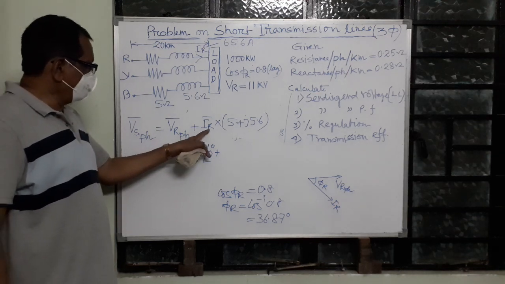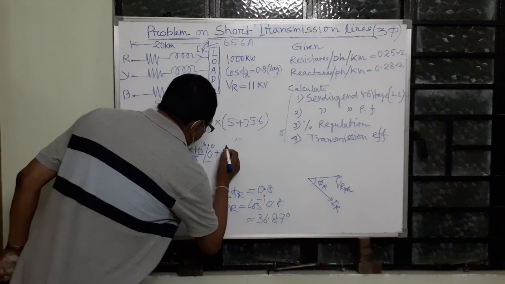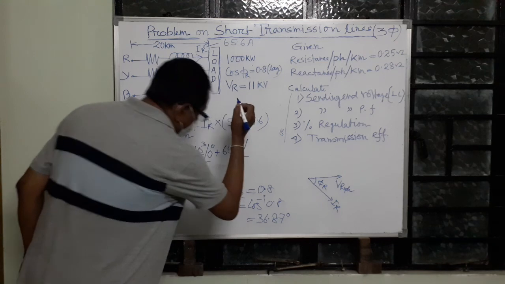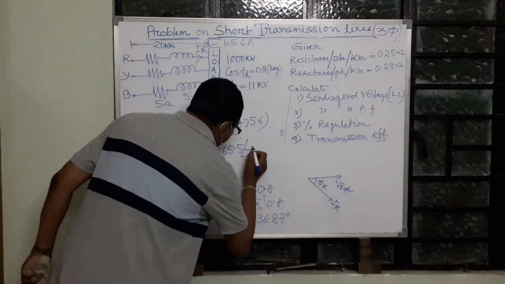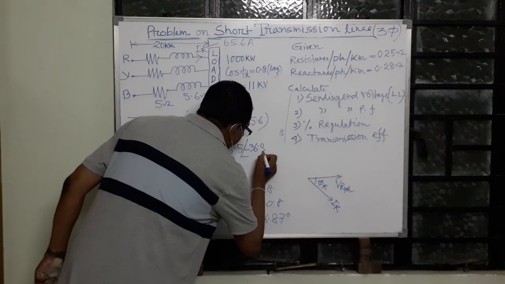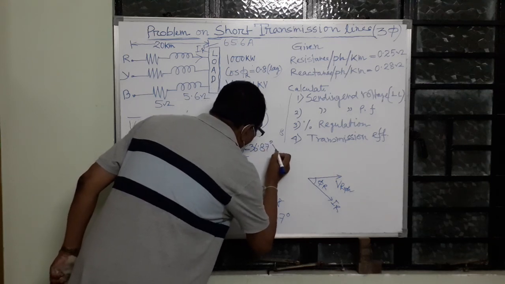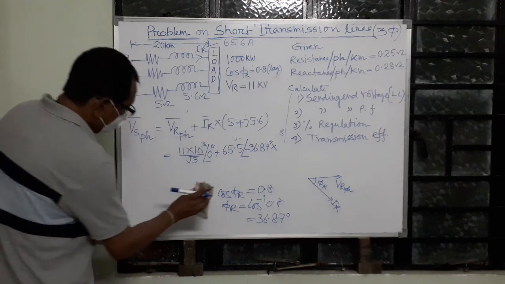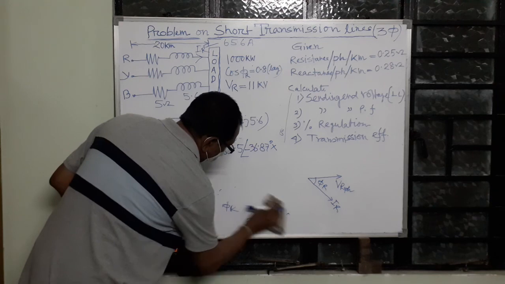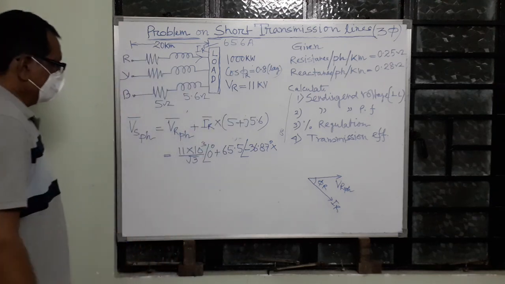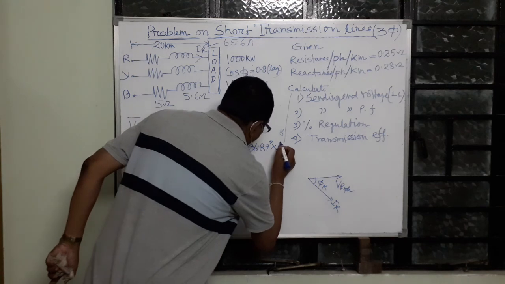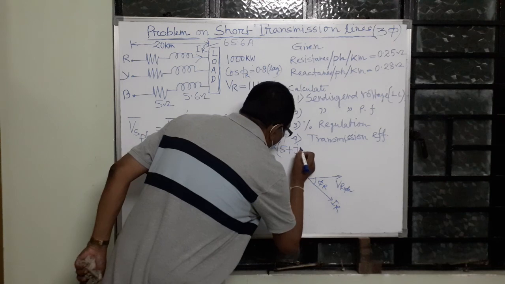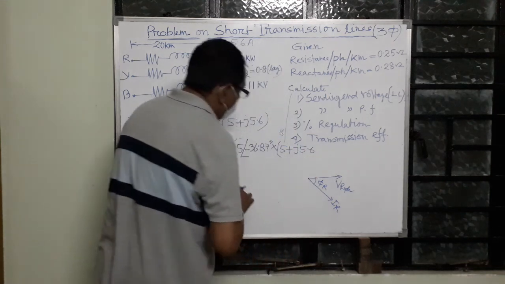So the magnitude is 65.5 ampere and the angle is minus 36.87. Why is it a minus sign? Because the power factor is lagging. Now multiply by 5 plus j5.6.